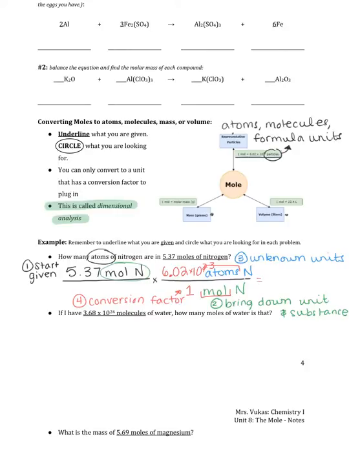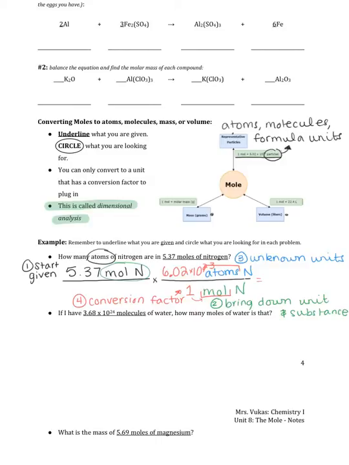We know that the number 1 goes on the bottom because just like there are 12 inches in a foot, there are not 12 feet in an inch. The number always goes with the unit. So down here, 1 goes with mole, and 6.02 times 10 to the 23rd goes with atoms.